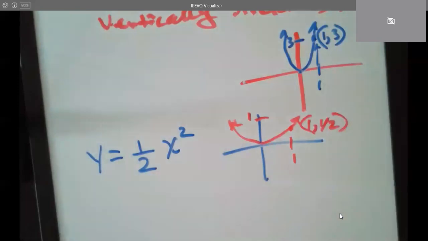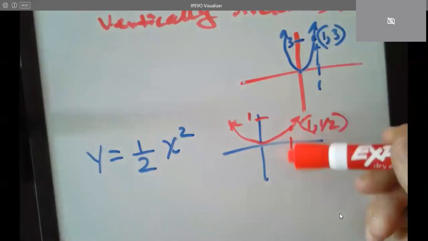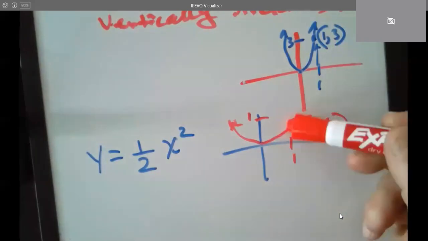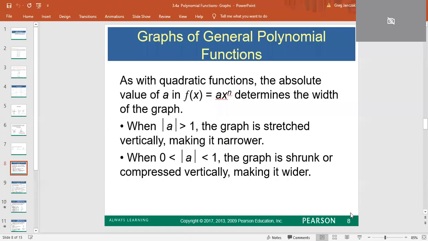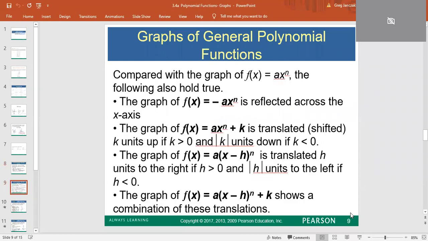So it widens that graph out, or it compresses the distance between the curve and the x-axis. We're not going to get a whole lot into vertical stretching or compression, but it's important that we go over it. Okay, so that's that slide.